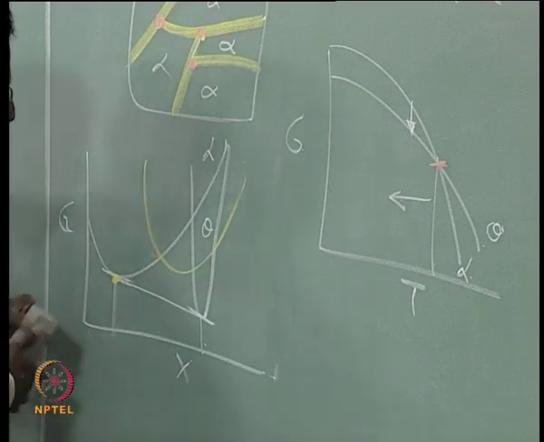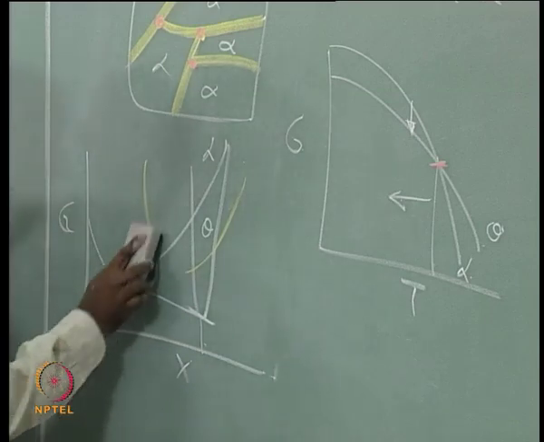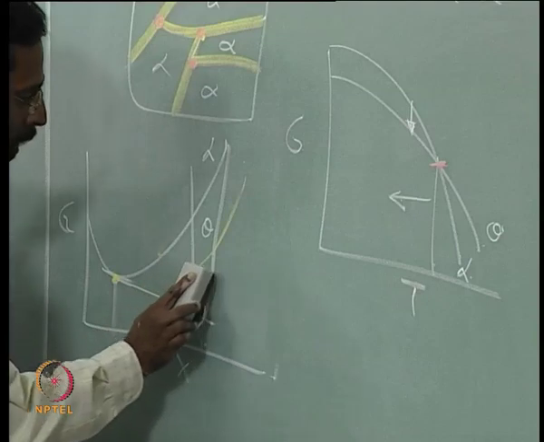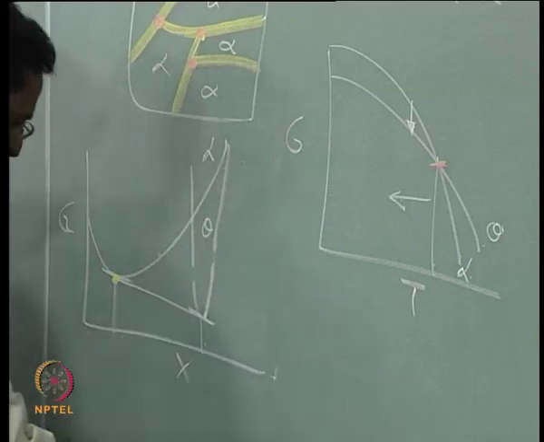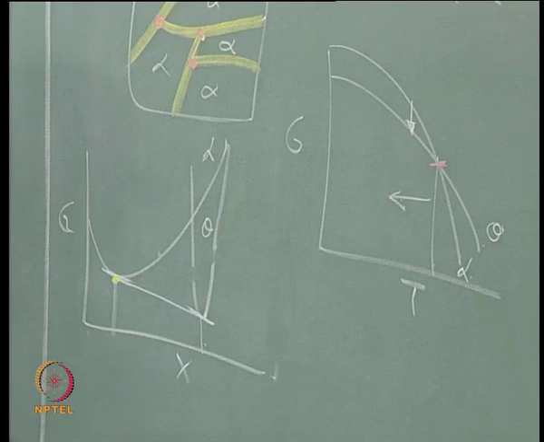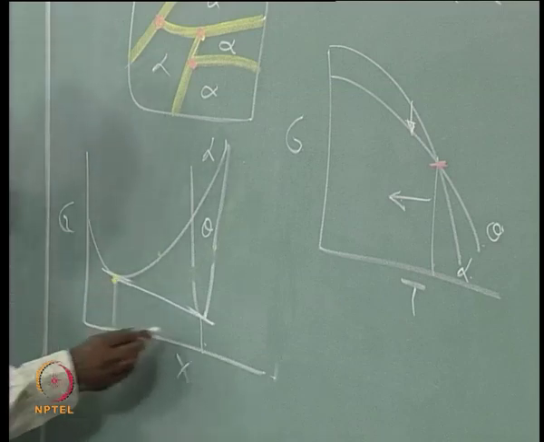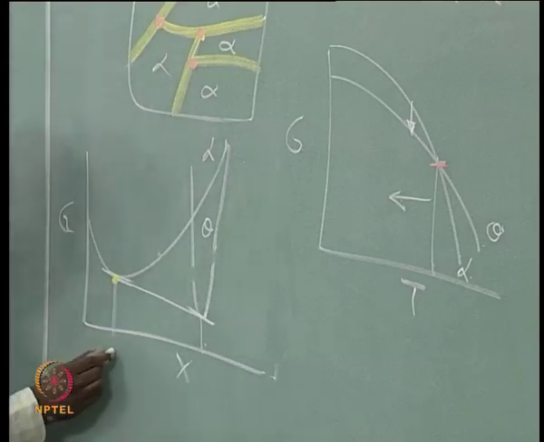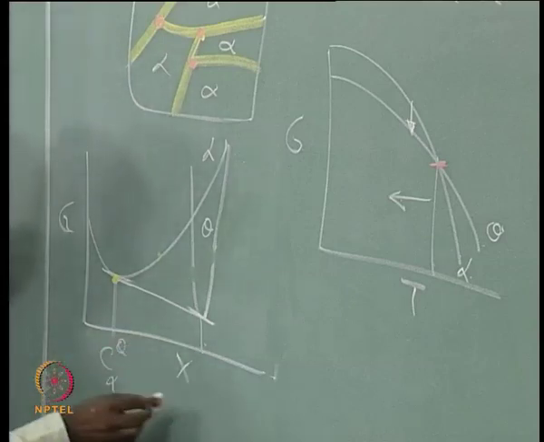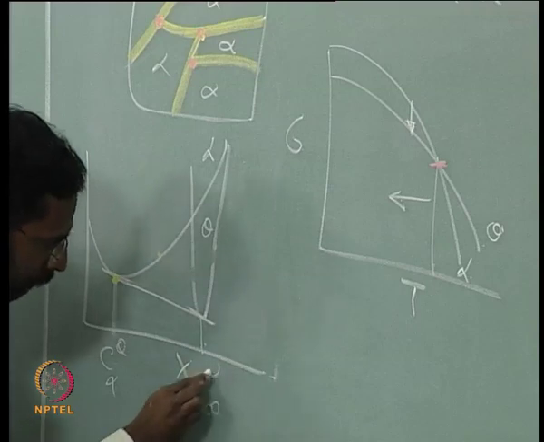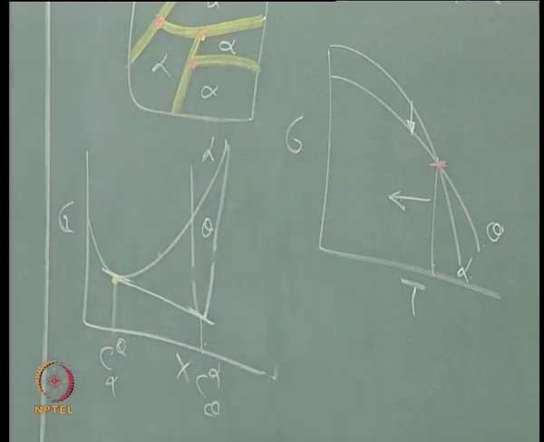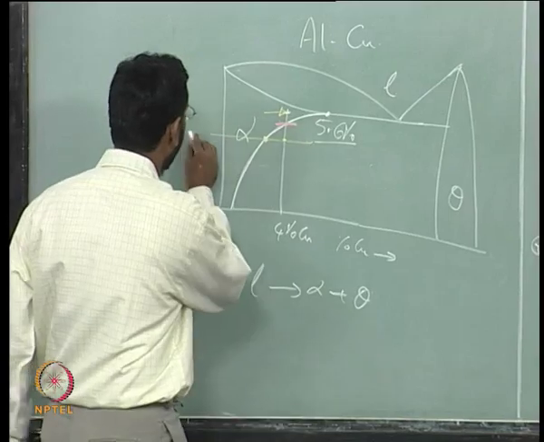Now forget about this liquid. We are now talking about an alloy with a composition between this and this. This is the composition of alpha in equilibrium with theta, and this is the composition of theta in equilibrium with alpha at, let us say, this temperature T1.